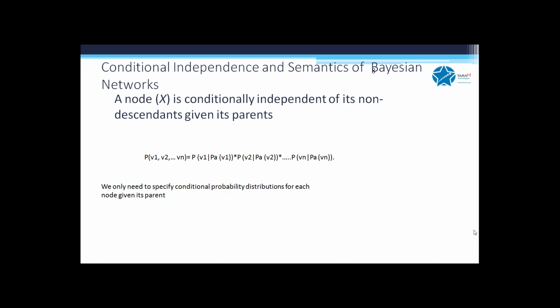Normally, if you have V1, V2, Vn, you would say V1 given some previous parents, then the previous instance, the parents' instance, etc. But you can simplify that now, saying you only have to worry about the immediate conditional probability of the child given the parent.